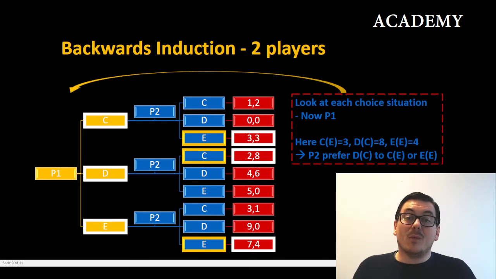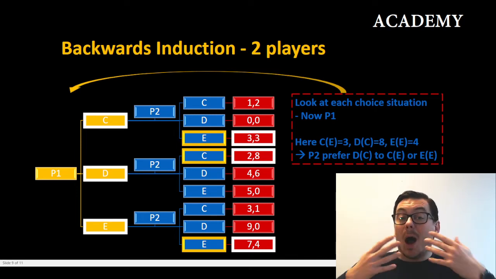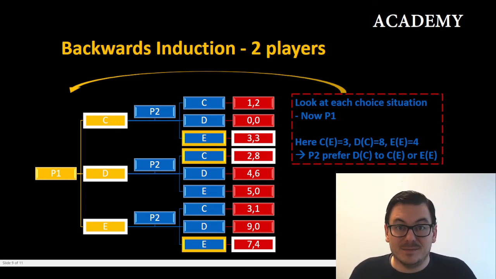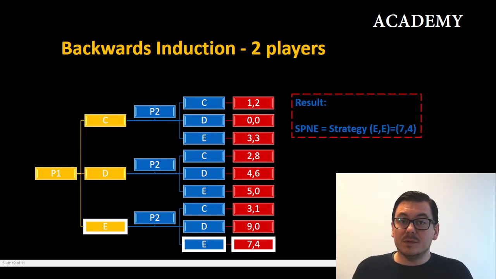Now we can just make a rational choice. What would our preferences be as a maximizing agent? Well, player 1 would of course choose the one that maximizes payoff, which would be strategy E, where player 1 will get 7. So knowing this, we can go to the result.